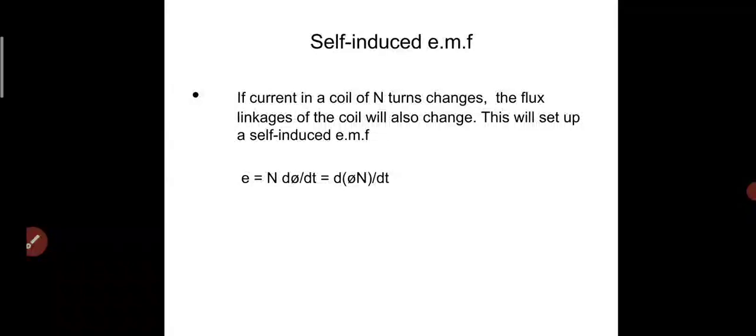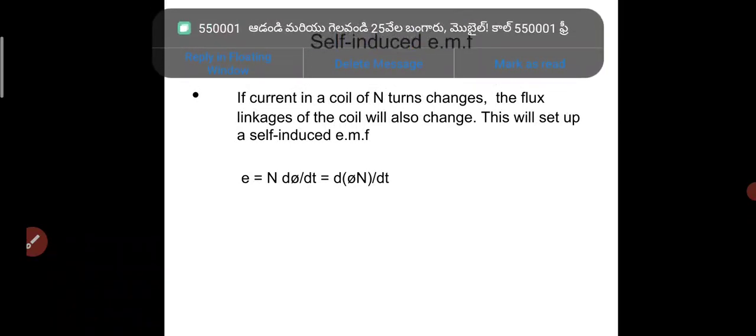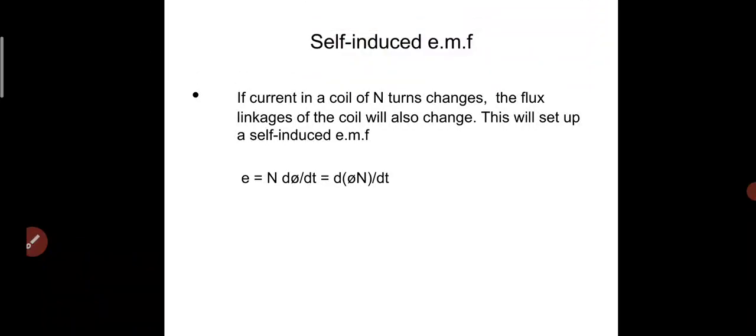If a current in a coil of N turns changes, the flux linkages of the coil will also change.